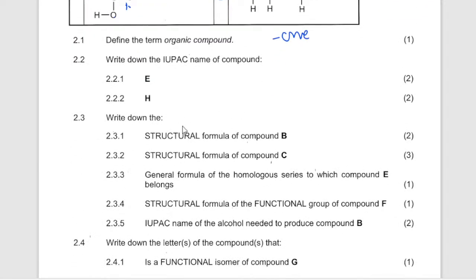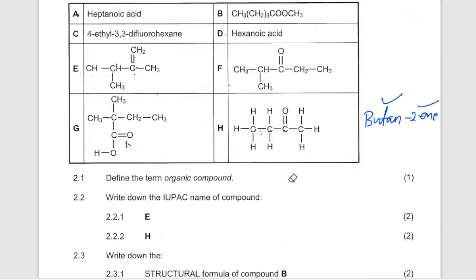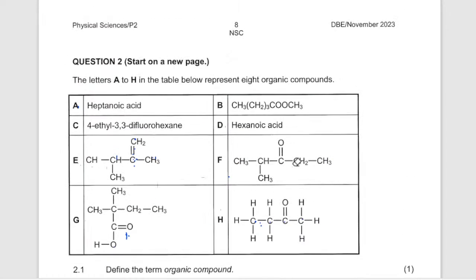Then we go to write down the structural formula of compound B. Let me just clear it up so that we see exactly what they are saying. What is compound B? Okay, it's here. It looks to be an ester.